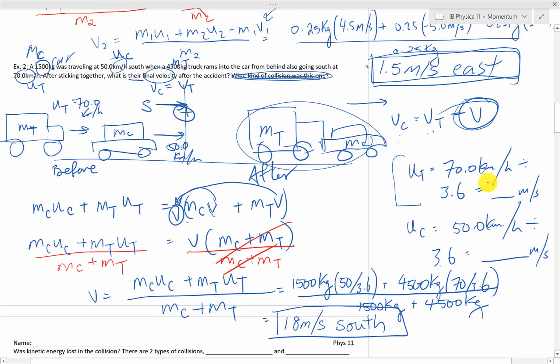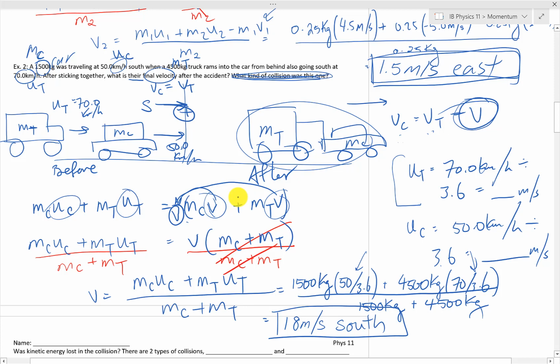Now, if you were super savvy, you could have just left your answer in kilometers per hour, and your velocity in the end would turn out to be kilometers per hour, since the conversion rate would be the same for every single term in your equation. However, if the question does ask you for the velocity in meters per second, don't forget to convert it in the end if you've done that.